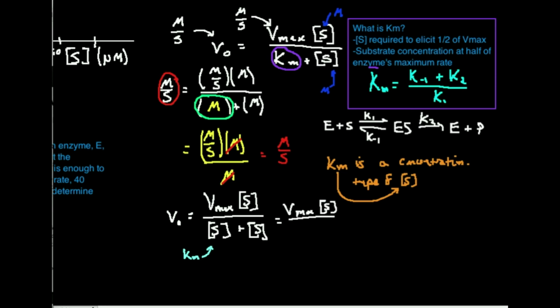Now remember, technically both of these have coefficients of 1. So when I add these together, I'm actually going to get 2 times the concentration of S. Now, if you already knew what Km was, you may be able to see where this is going, but notice that the concentrations of S here cancel. And so that's going to leave me with the initial rate being equal to Vmax over 2.